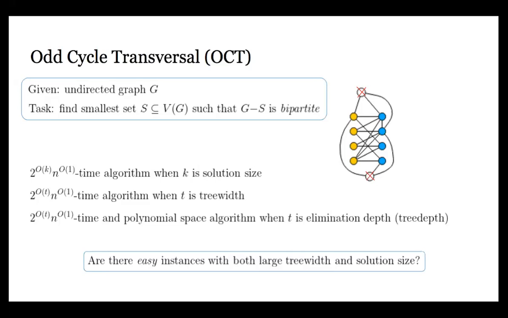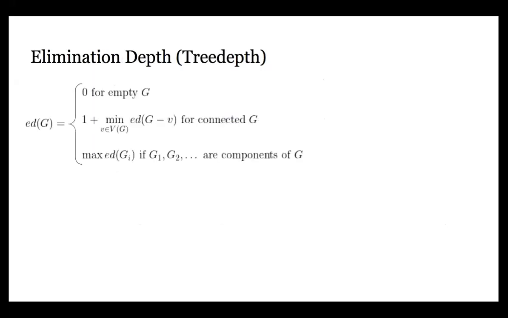All right, so let me recall what these basic graph measures are. The first of them is elimination depth, also known as tree depth. It can be defined recursively as the smallest number of steps to make a graph empty.